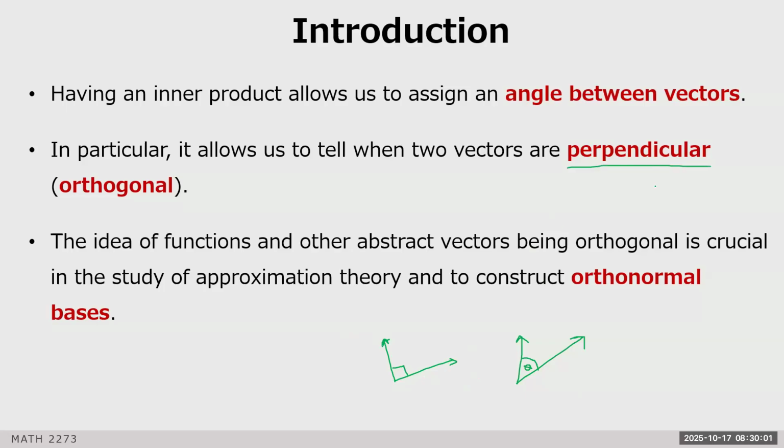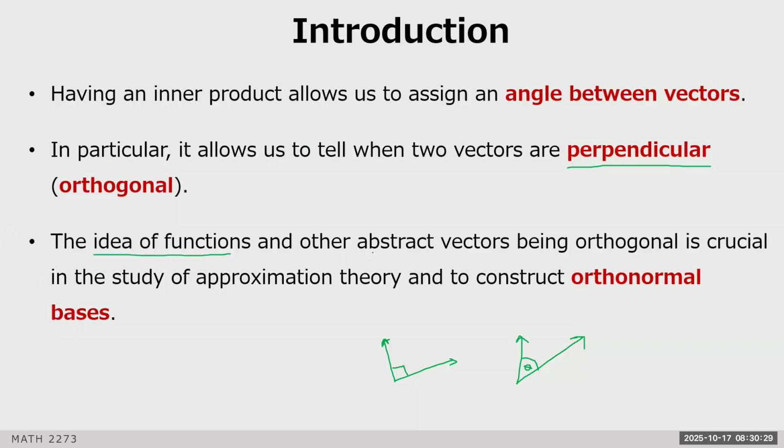So now we're dealing with things other than arrows. We're dealing with polynomials, we're dealing with functions, we're dealing with any vector in Rn, n tuples. So what does it mean for a polynomial to be perpendicular to another polynomial? What does it mean for a vector in Rn, an n tuple of numbers, to be perpendicular to another n tuple? Okay, so we'll see about that.